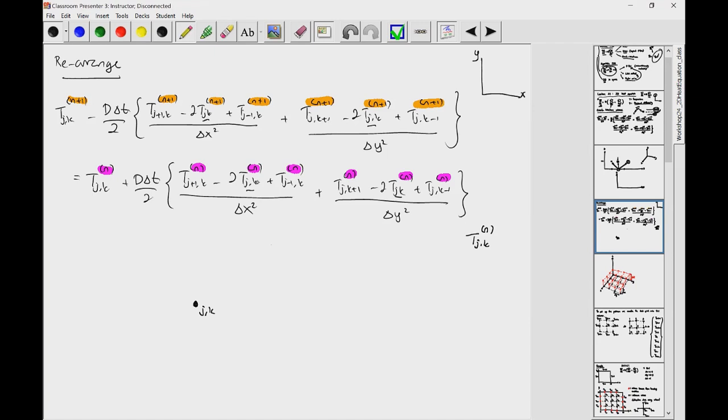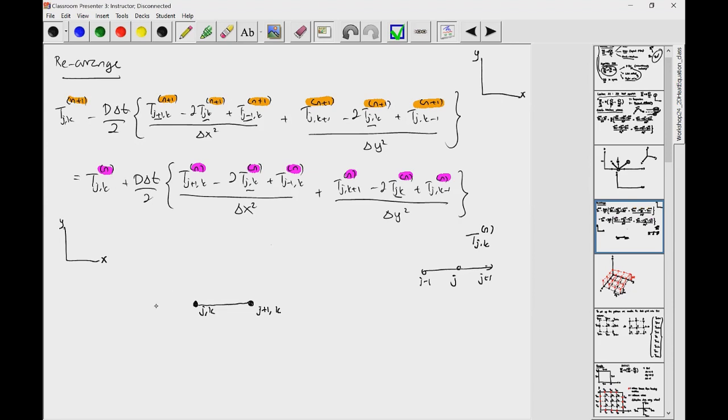And then you have j plus 1. Where is j plus 1? If we use the coordinate system of x and y like this, j plus 1 is one point to the right, because when we do our central difference scheme, we are taking j plus 1 and j minus 1. So the j plus 1 term is the point to the right of our current point jk.